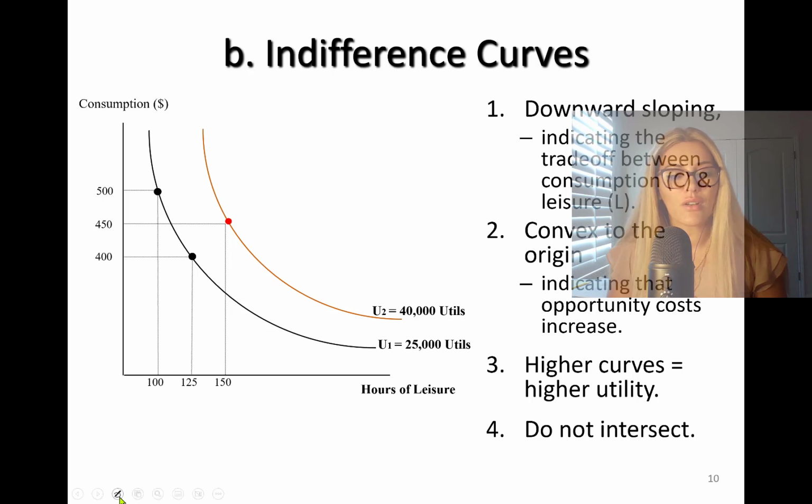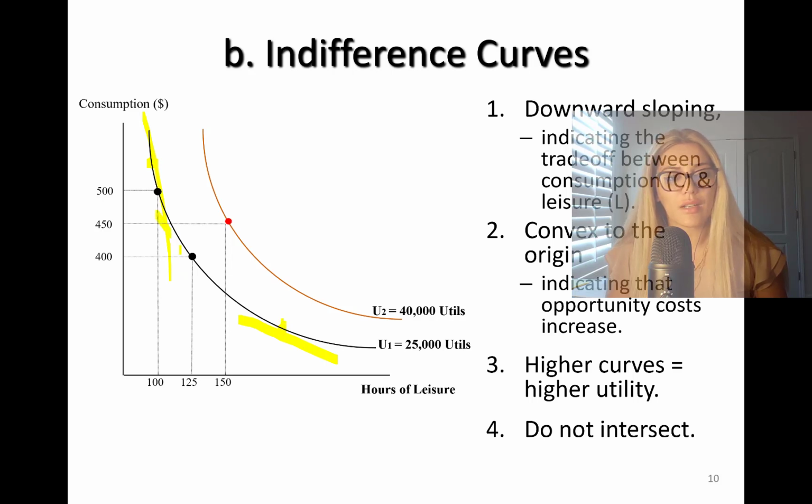Slope of the indifference curve at any point will be the slope of the line that is tangent to it at that point. For instance, here the slope is the slope of this line. I'm drawing a line here. Okay, slope of this highlighted line at this point will be the slope of the indifference curve.